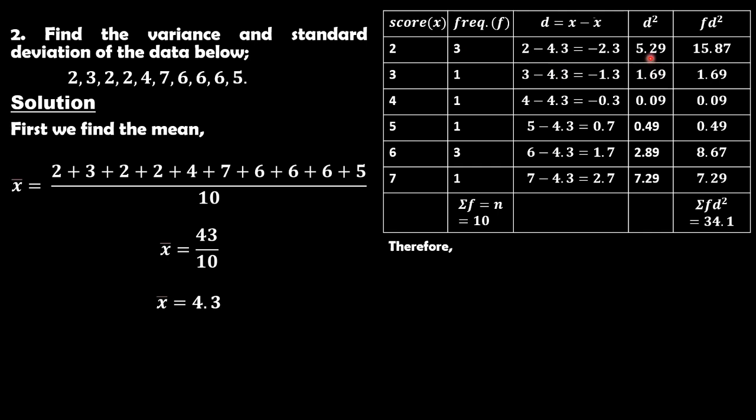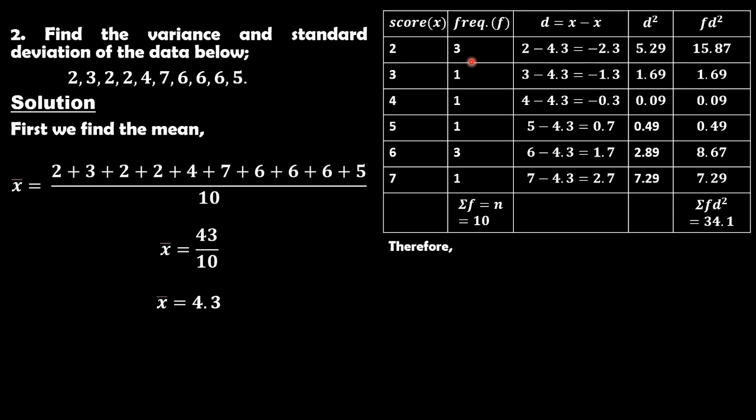Because this data has frequencies, we have some values that are repeated, unlike the first example where we did not have to multiply the squared deviation by the frequency of each value, because those values only appeared once.